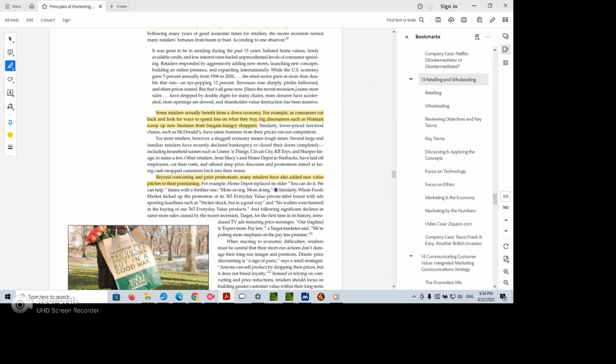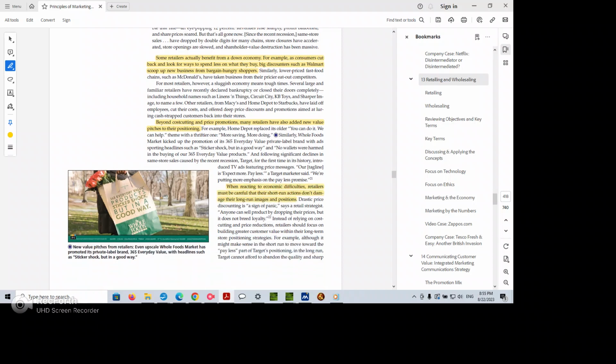When reacting to economic difficulties, retailers must be careful that their short-run actions don't damage their long-run images and positions. And you can't have promotions for too long. Number one, because it damages your profits, and number two, it damages the perception of the value of the brand.